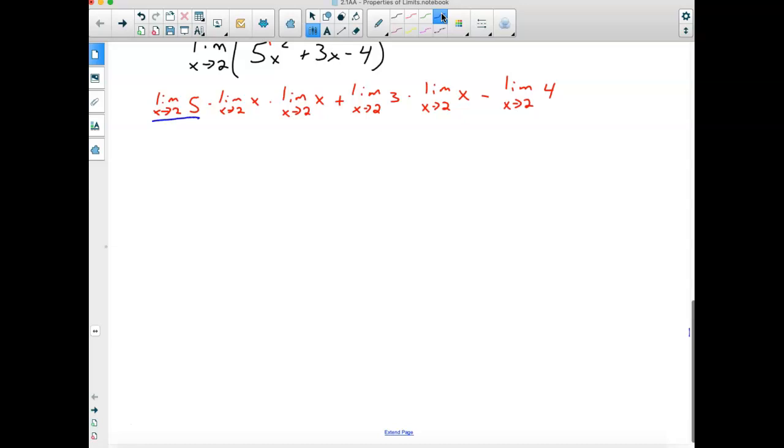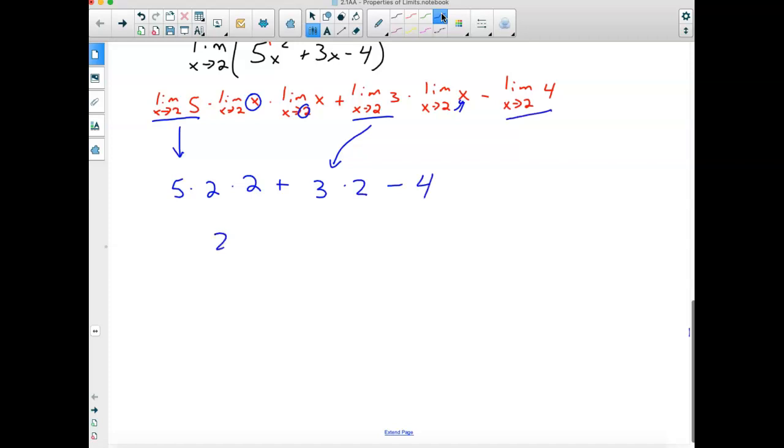The limit of a constant is the constant times the limit of the identity function, so you plug it in: 2 times the limit of the identity function, plus the limit of the constant, minus the limit of the constant.